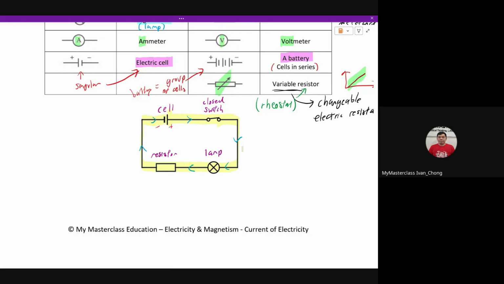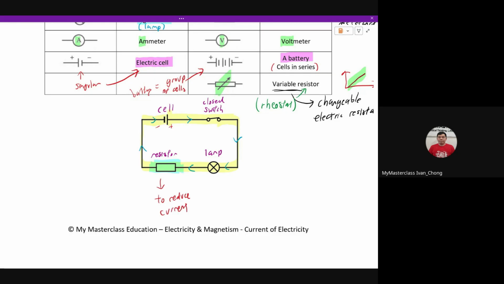When your electric current flows through, your light bulb will shine. You don't need to draw the light shining, but basically it tells you that if you close the switch, the lamp shines. Now, we also have this resistor here. Why do we need the resistor? The function of the resistor is to reduce current.